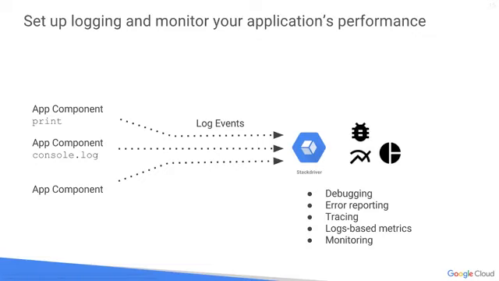With this approach, you can set up logs-based metrics and trace requests across different services in your application. With Google Stackdriver, you can debug your application, set up error monitoring, set up logging and logs-based metrics, trace requests across services, and monitor applications running in a multi-cloud environment.